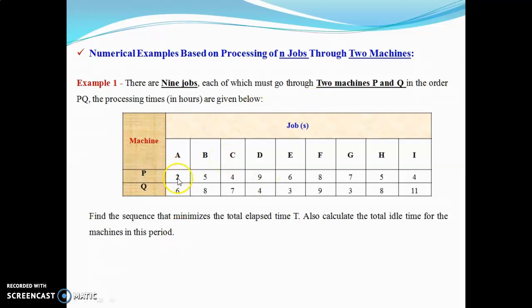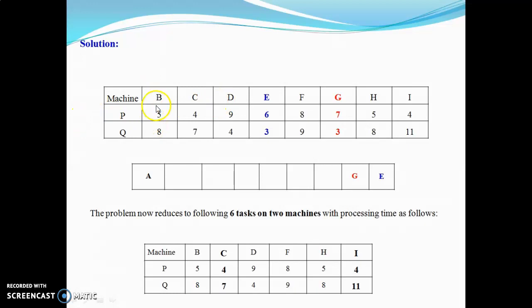Now, in the reduced problem with the remaining 8 jobs, A is removed. Again we search for the minimum processing time in this reduced problem, which is 3.